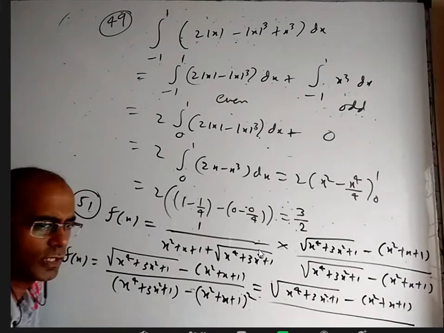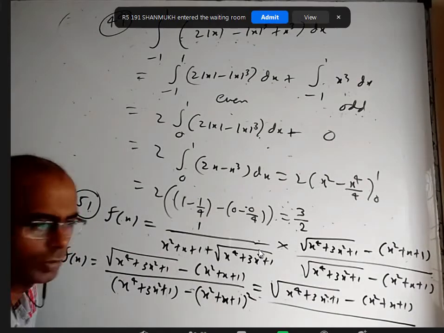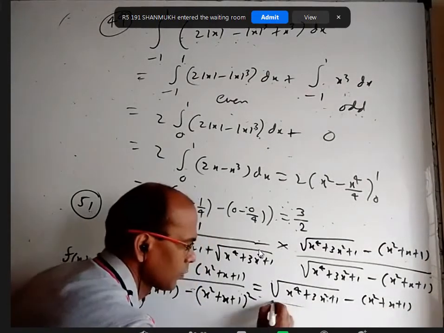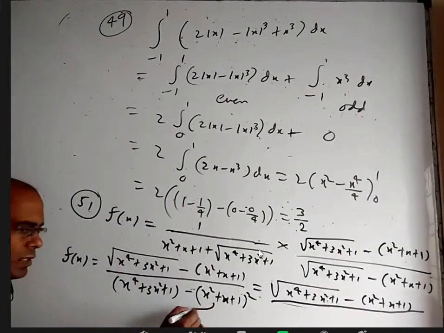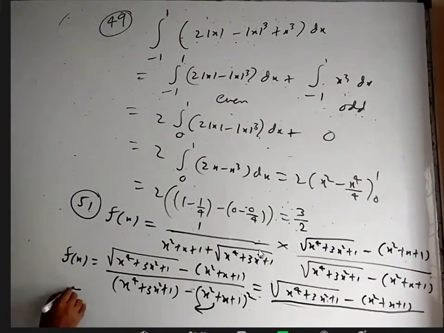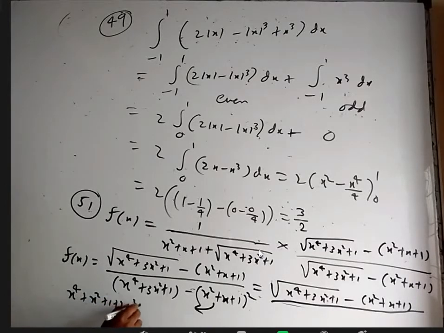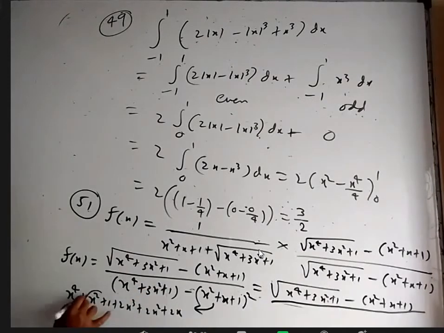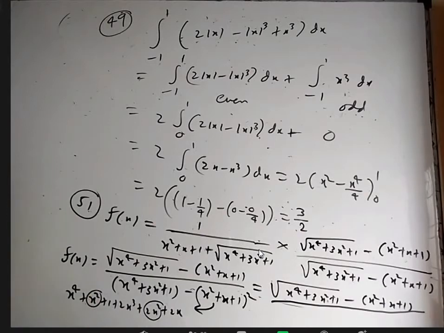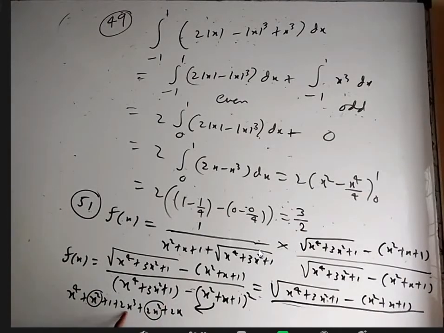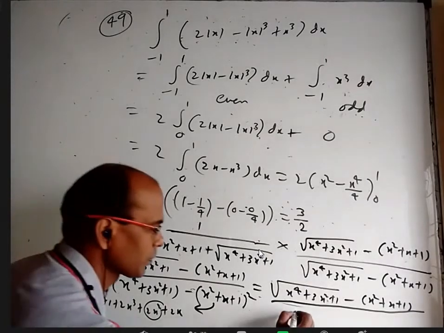When you expand this, I'll get x power 4 plus x square plus 1 plus 2x cube plus 2x square plus 2x. This x square and this 2x square make 3x square, which gets cancelled here. x power 4 will cancel, and 1 and 1 also will cancel. I'll get simply minus 2x cube minus 2x.